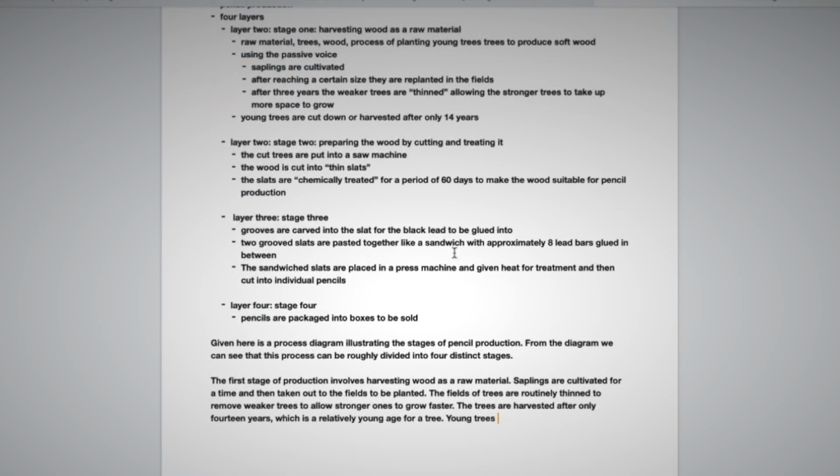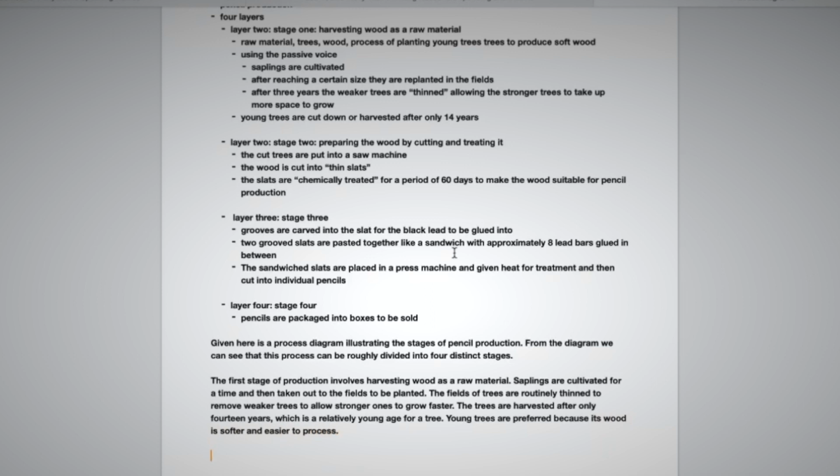Paragraph one. The first stage of production involves young trees, which are preferred because their wood is soft and easier to process. Okay, that's the first stage.